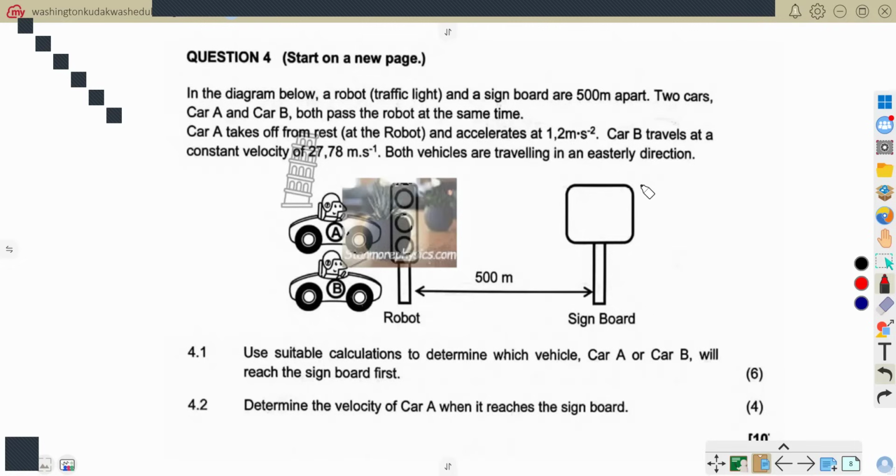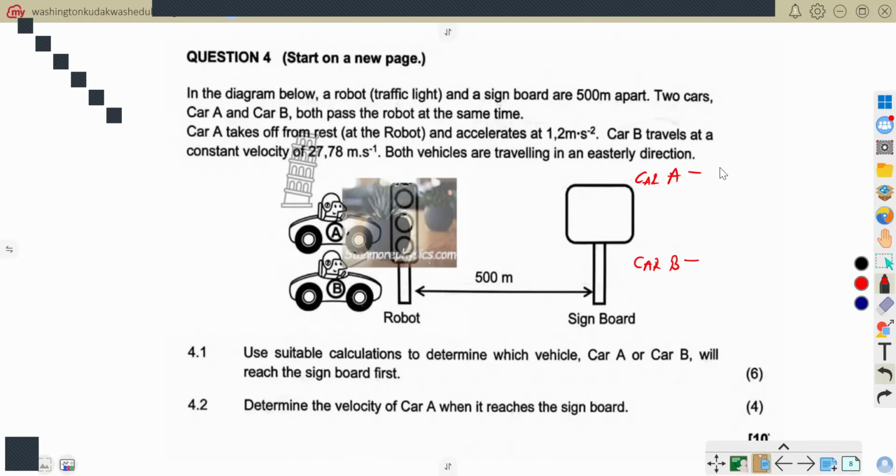We need to list down the information that we are given for car A and for car B. Once we have all the information, we can calculate the time each took to reach the signboard, and then compare those times. Then we would know which one actually reached first.